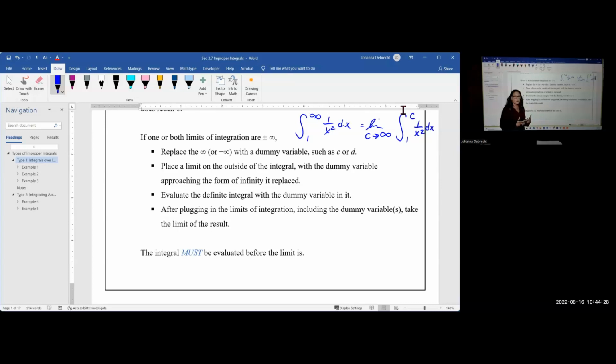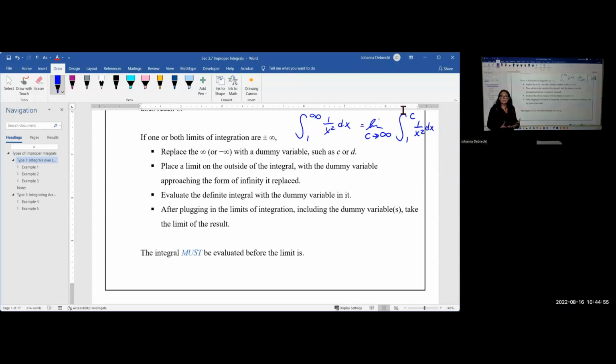All right, so that's a word that we're going to be using a lot this semester, especially when we get into sequences and series. So if the limit exists, we say it converges and the area under the curve is equal to that value. And if the limit does not exist, either it goes to infinity or it goes to negative infinity or it waffles around and doesn't settle down on any one number, then we say it diverges.